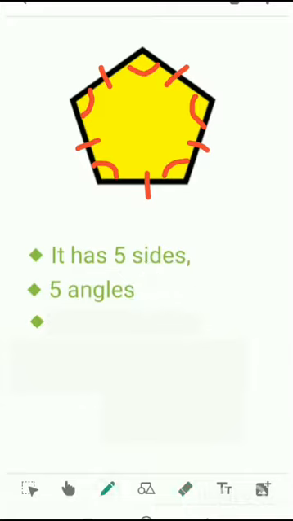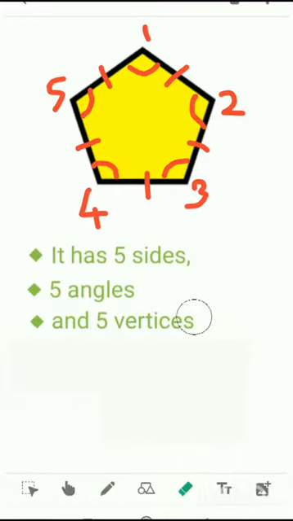Then number of vertices. How many vertices does the obtained figure have? 1, 2, 3, 4, and 5. It has 5 vertices. A closed figure made up of 5 straight lines and having 5 angles and 5 vertices.